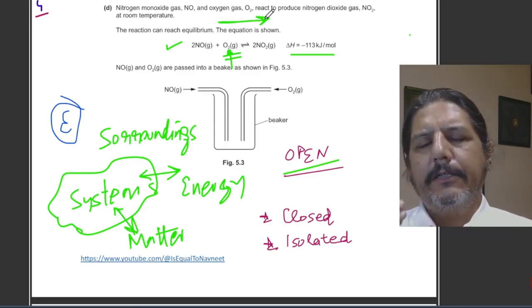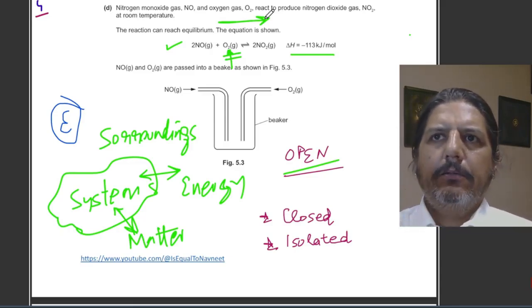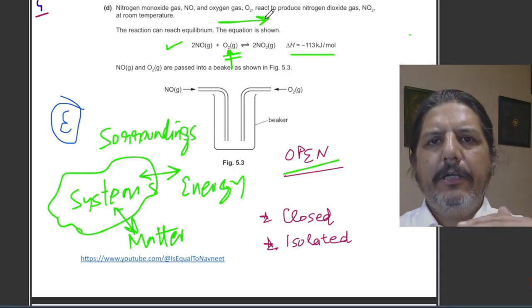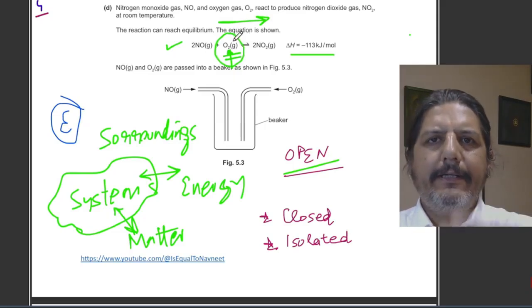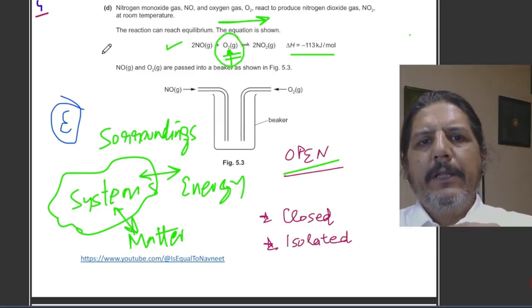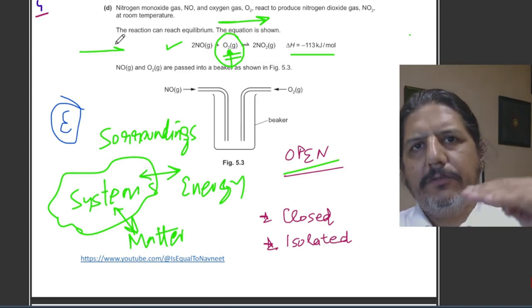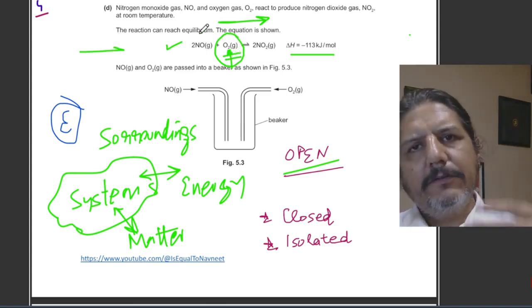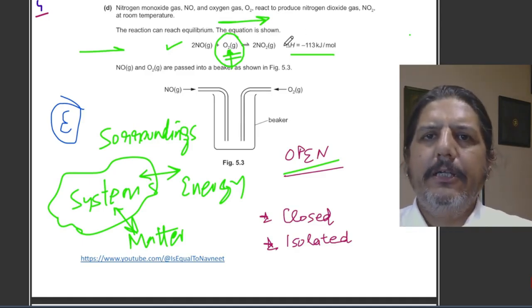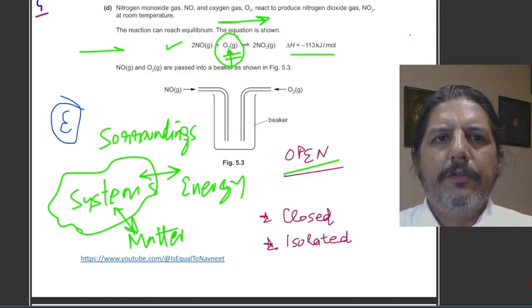What Le Chatelier is trying to say is that in a state of equilibrium, if you increase the concentration of the reactant, the equilibrium will shift in a direction which will try to decrease the concentration of the reactant. But here the concentration of reactant keeps on increasing. So how will it reach equilibrium?